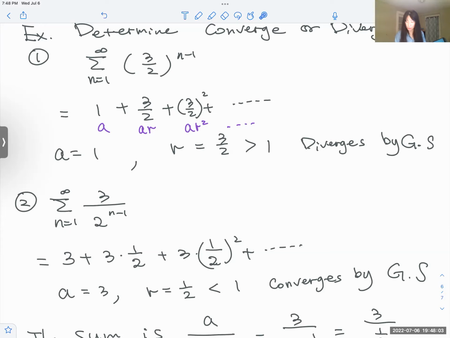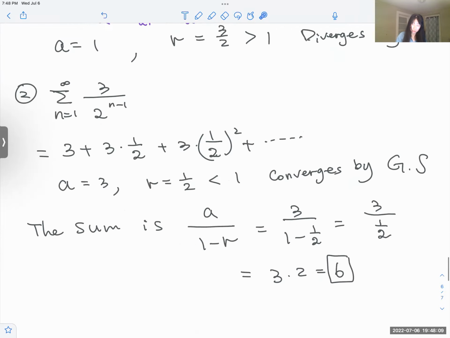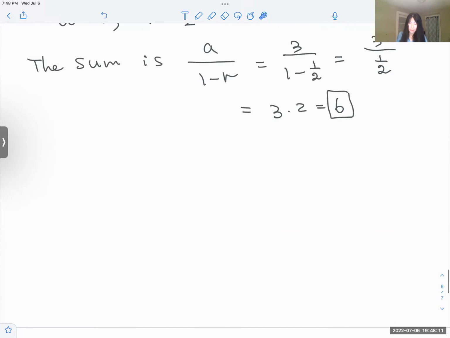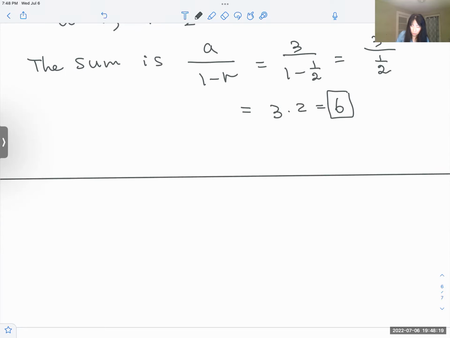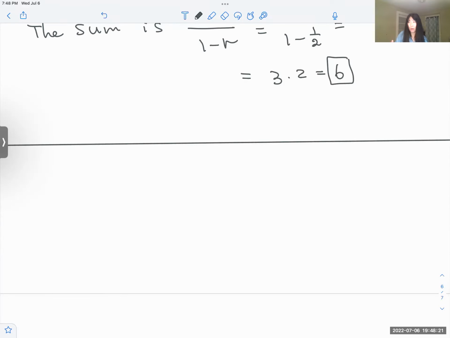Oh, I'm missing the harmonic series here. So let's go to the harmonic series. We learned the geometric series already, right? The harmonic series, the name of a series, looks like that.